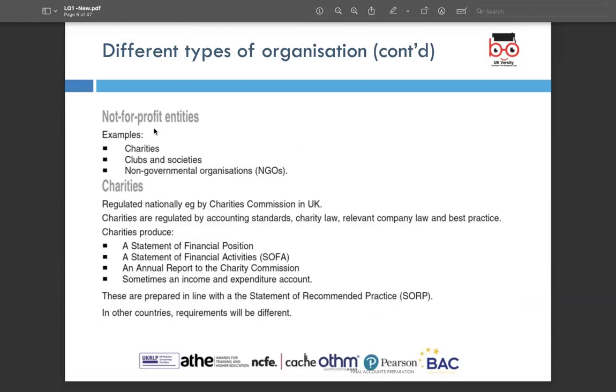These entities are regulated under specific legal frameworks and adhere to accounting standards tailored to their unique operational and reporting requirements. Charities, for example, are subject to stringent regulations overseen by bodies like the Charities Commission in the UK.